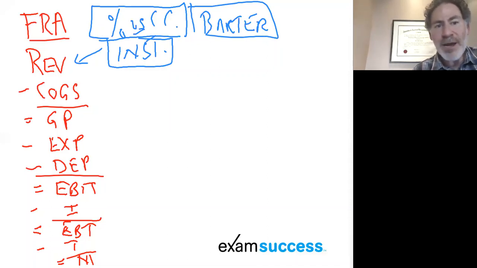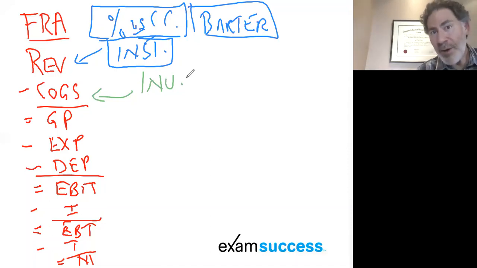Let me drop down here to COGS. Okay, COGS, cost of goods sold. It's going to be related to our inventory. And this is where, again, we're going to have questions about the inventory methods, LIFO, FIFO, the perpetual versus periodic.